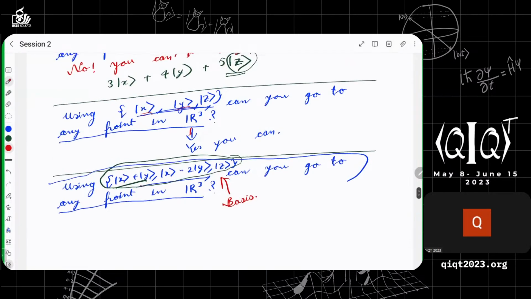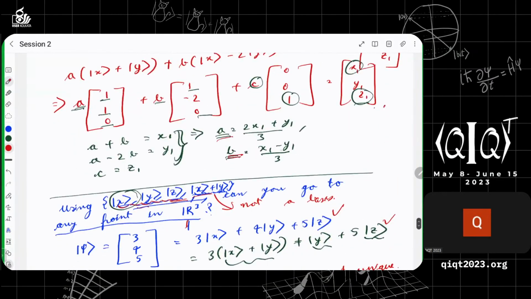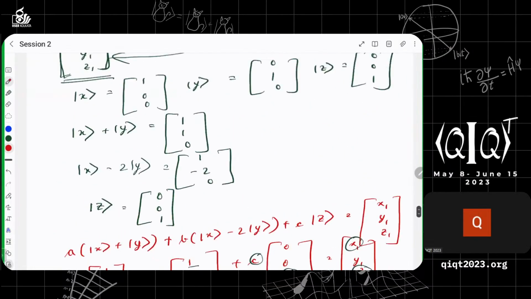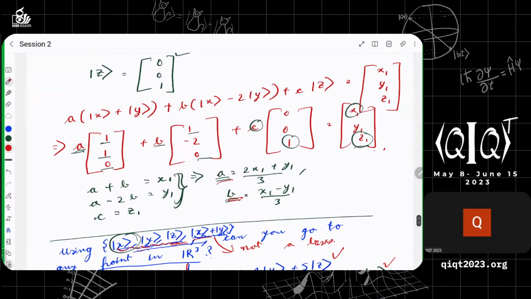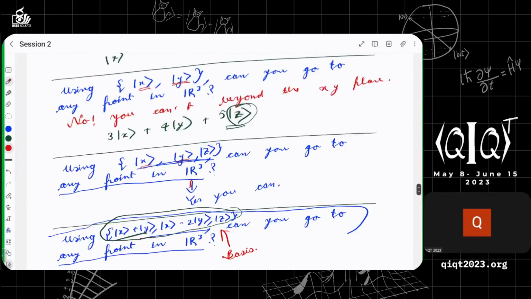And it was unique also. The representation was unique, as in a, b, c are fixed for a given x1, y1, z1. The coefficients are fixed. So it was a unique representation. And of course, this is also a basis because, again, unique representation, and you can go to every point. Using this, you can't go to every point really. So this is not a basis.